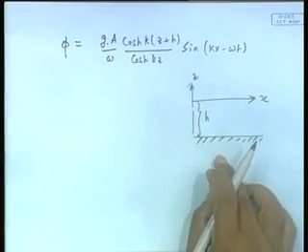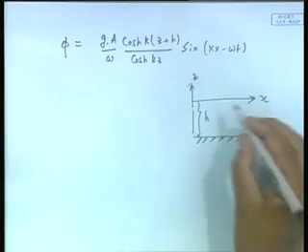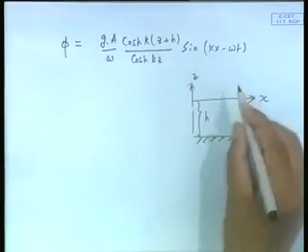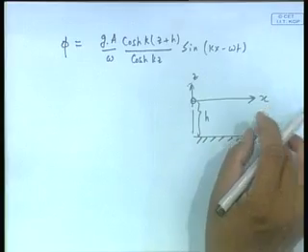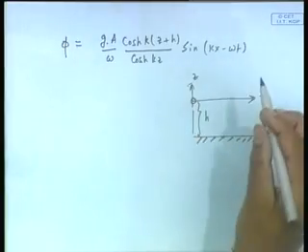H is the water depth in this formula, Z is positive upwards, and the origin is at the mean free surface, that is, Z equal to 0 would imply the mean free surface.